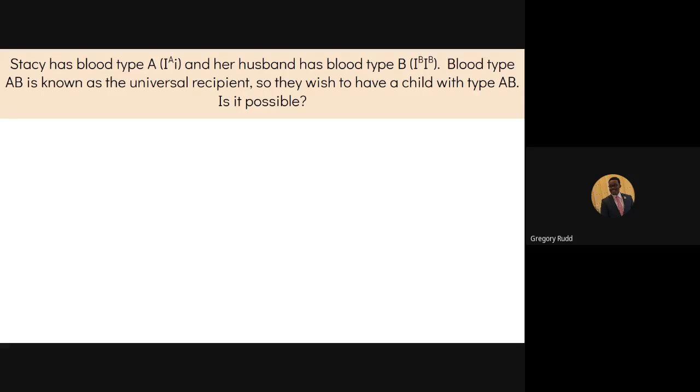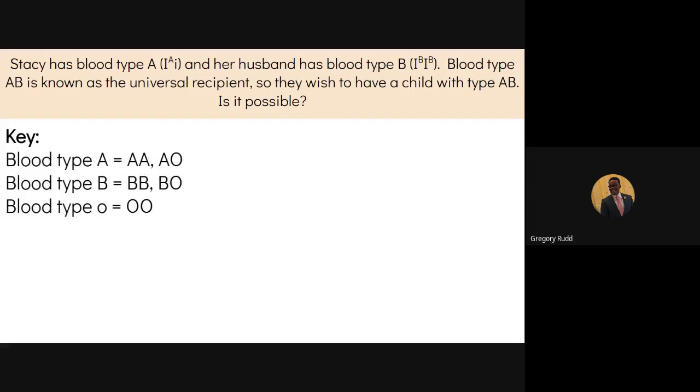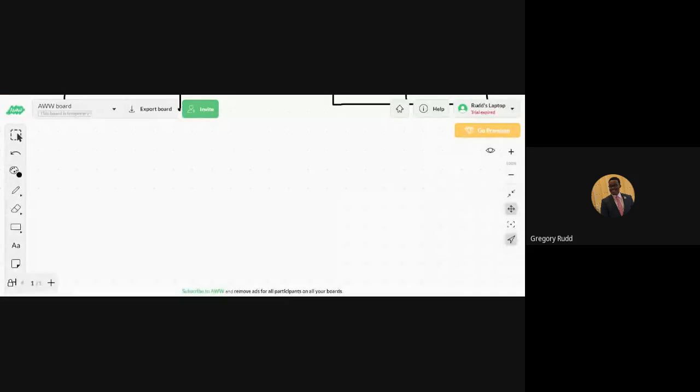Thank you, Jessica. Excellent. So we first need to make a key. Here's our key. Now I'm going to do something a little different for our key. So we have Stacy, who's the mom.